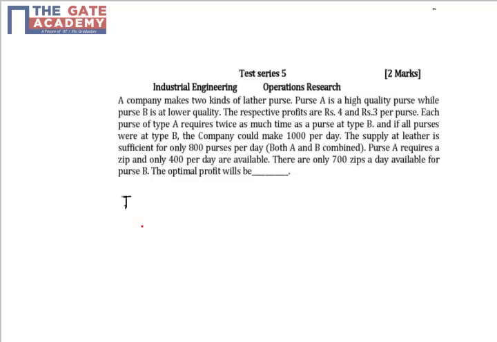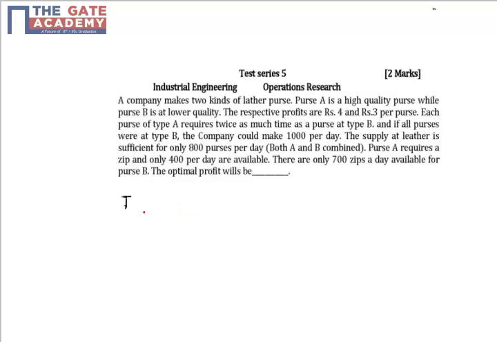In this question, it is given that a company makes two kinds of leather purse. Purse of kind A is a high quality purse while B is a lower quality purse. The respective profit is given as rupees 4 and rupees 3 per purse.